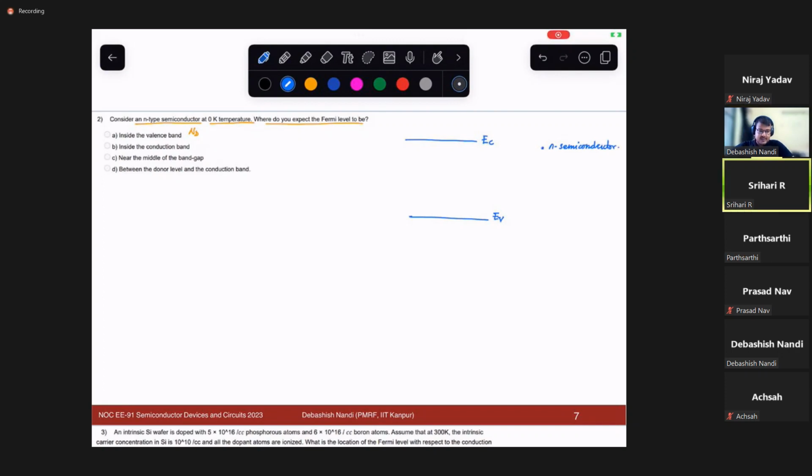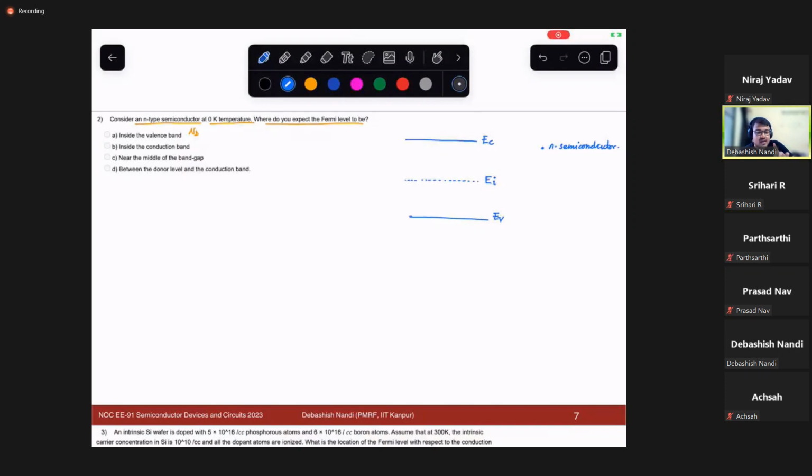The intrinsic Fermi level, okay, let us draw it. But does it matter for an n-type semiconductor? It is by default n-type, it has lost its intrinsicity. Okay, let us go step by step.